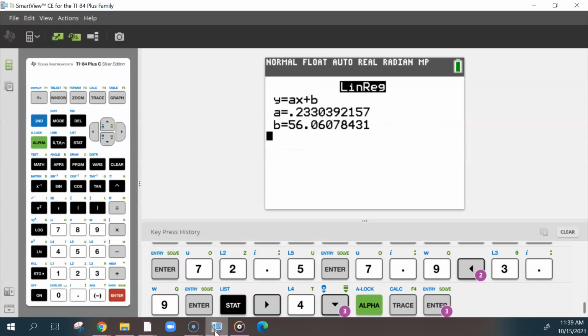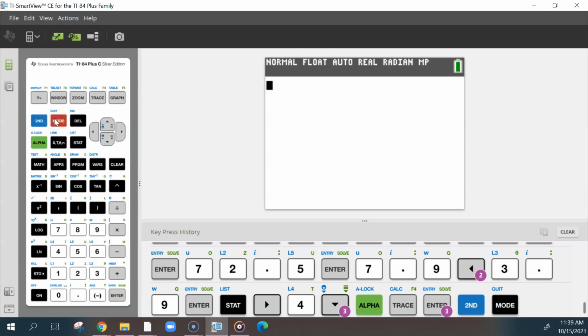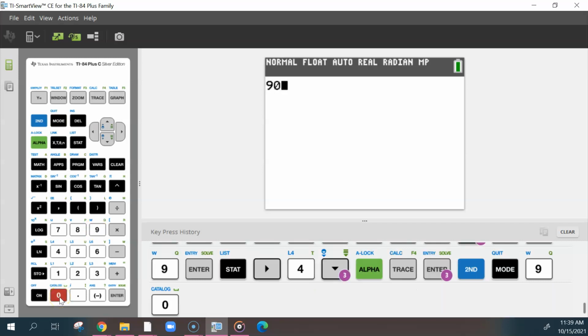So on your calculator, go back to your home screen, that's second mode. We're going to store 90 for x. So I'm going to put in 90. Go to my STO above my on button. And then press my X button, which is right next to alpha. And then hit enter. 90 is now stored for x.